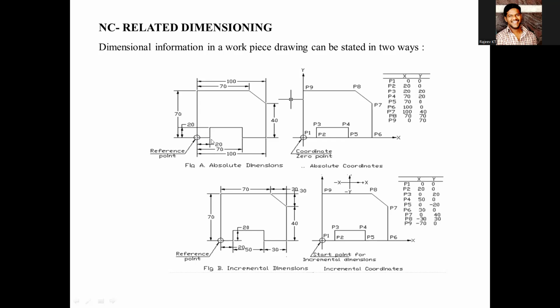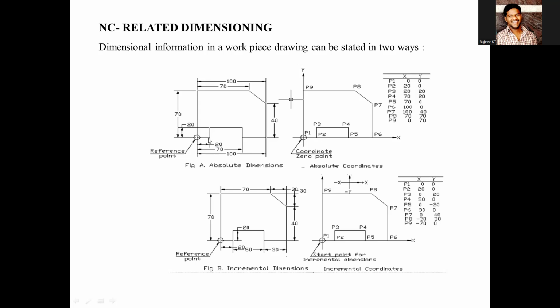For better understanding, the dimensional points have been marked as P1, P2, P3. With respect to P1, P2, P3, we should know how the dimensioning system is done. First, P1 is nothing but the origin point or reference point, where x is equal to 0, y is equal to 0.